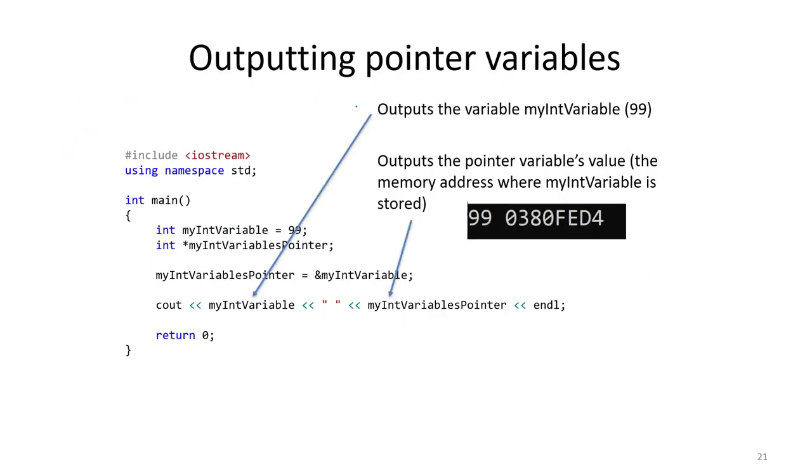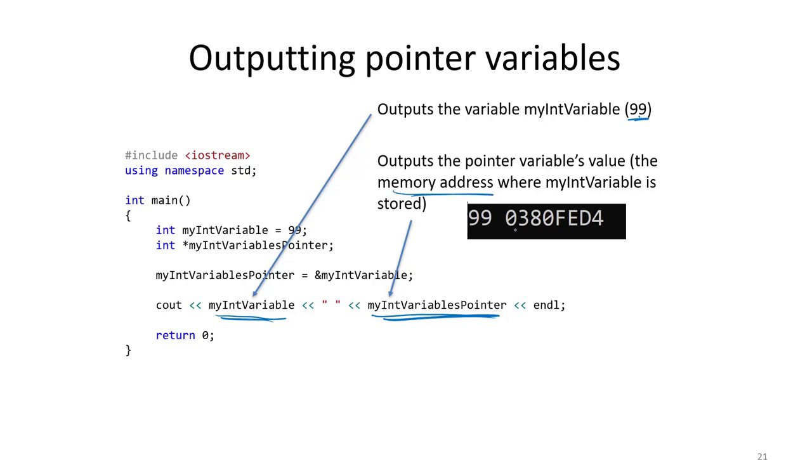So once again, the answer to our question: if we output the name of a variable, that's just going to output the value stored in that variable. And remember, if we output the name of a pointer to the screen, that is going to give us the memory address stored inside that pointer.